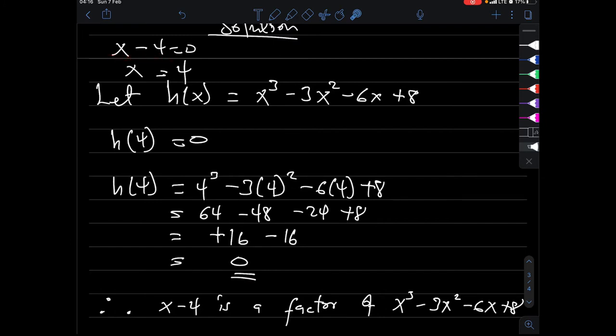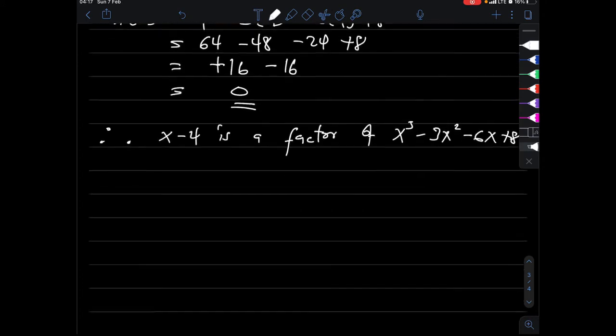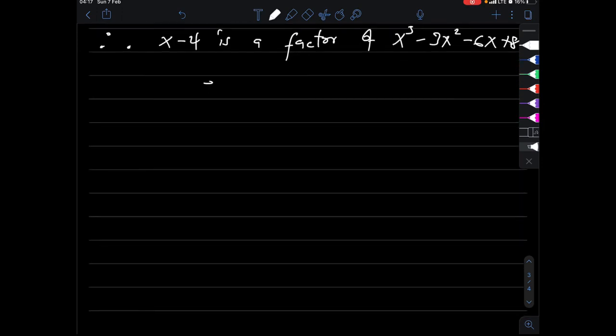So this is one way to go about it. Sometimes you'll be given the polynomial, but some of the variables, constants or coefficients could be missing, and then you'll be asked to find it. How do you do that? That will be our example 2 in this video.